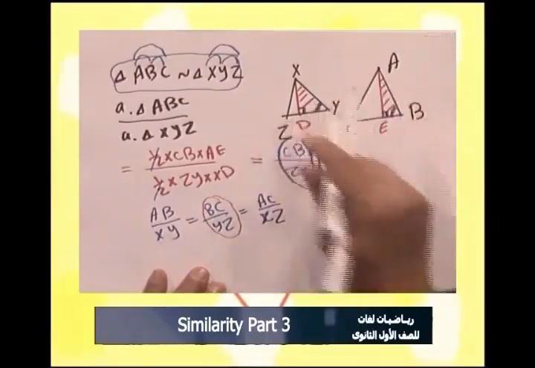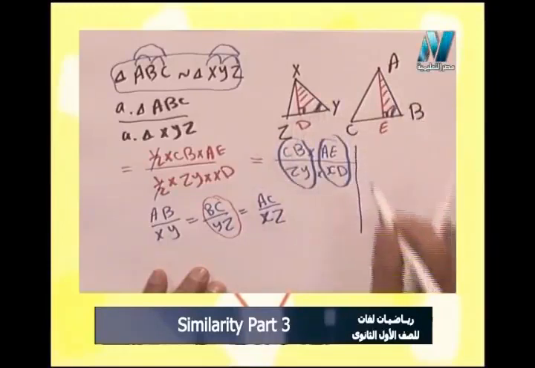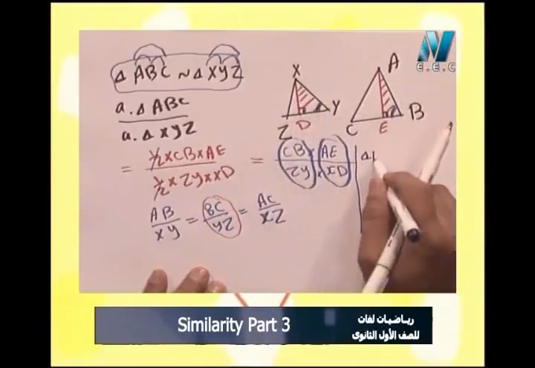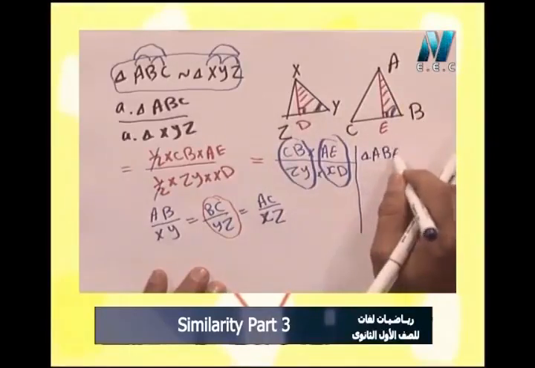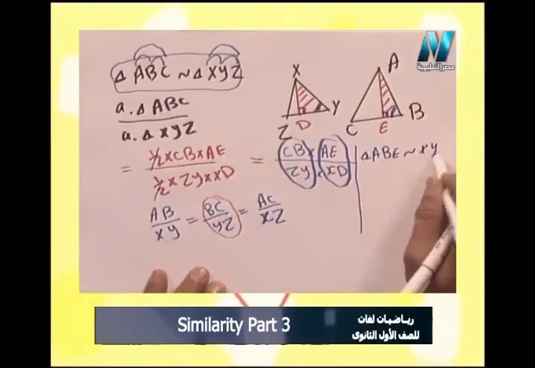So the two triangles are similar, and we can write them as the following. Triangle ABE is similar to triangle XYD.